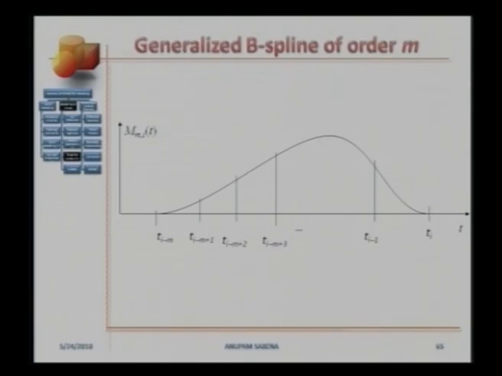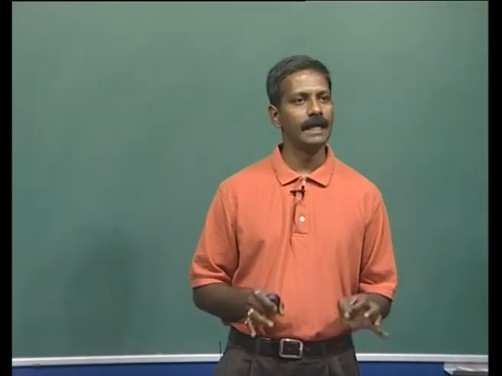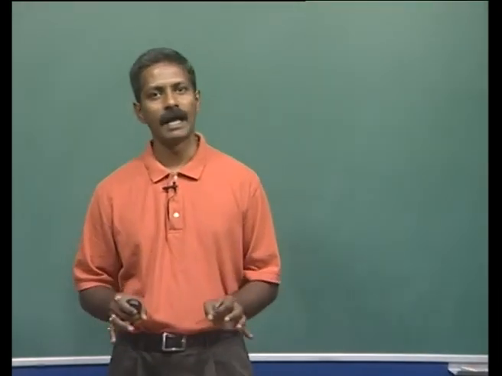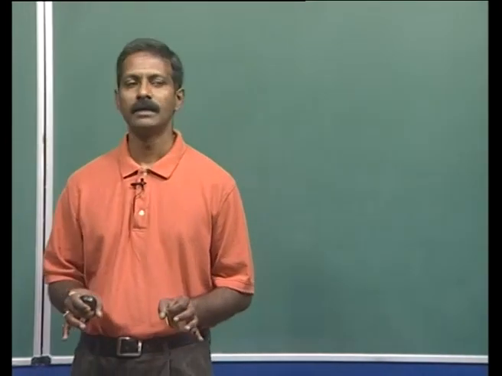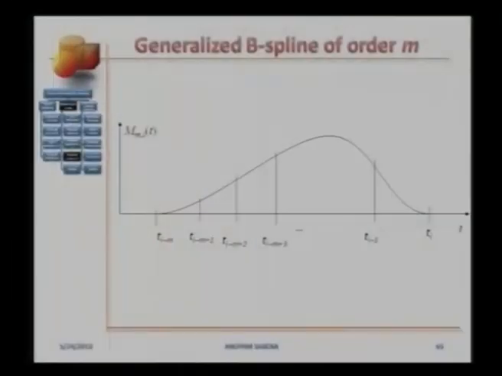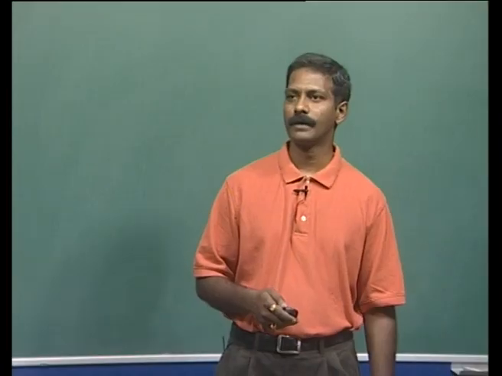If you get comfortable in sketching these B-spline basis functions, I assure you that you will not need to remember all the properties of the B-spline basis functions that we had discussed. These properties will be there in your hands.